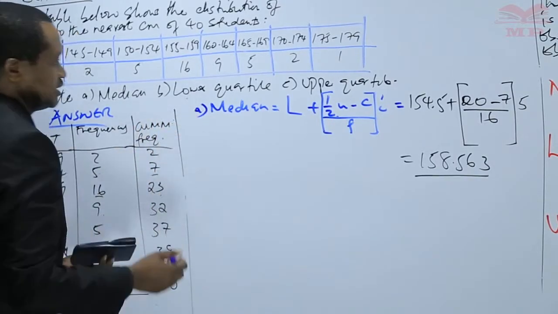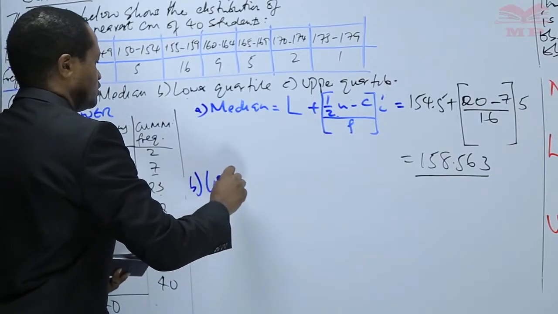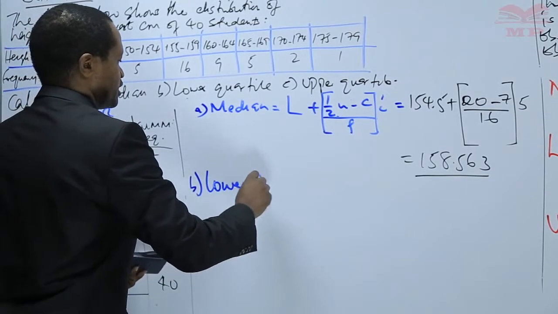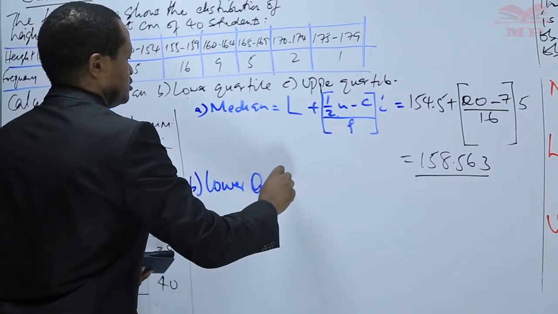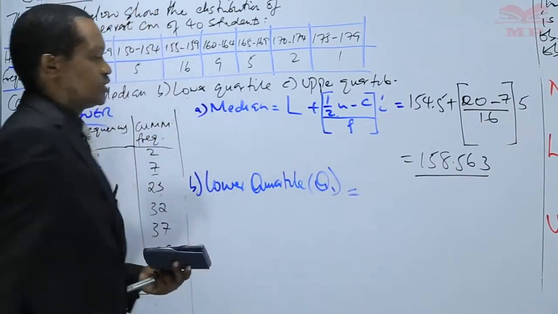How about the lower quartile? Let's calculate the lower quartile, Q1. What's the formula?